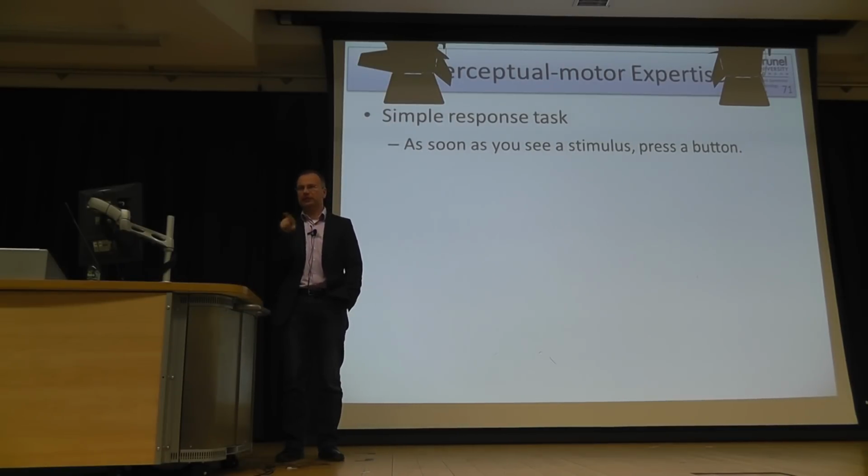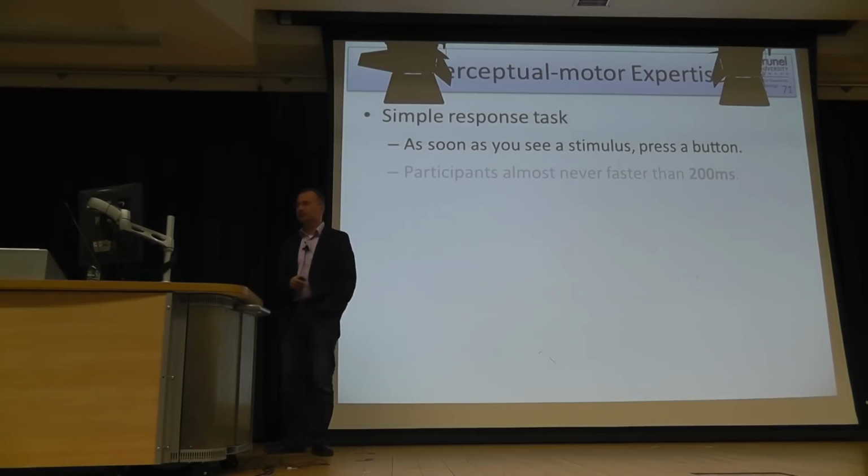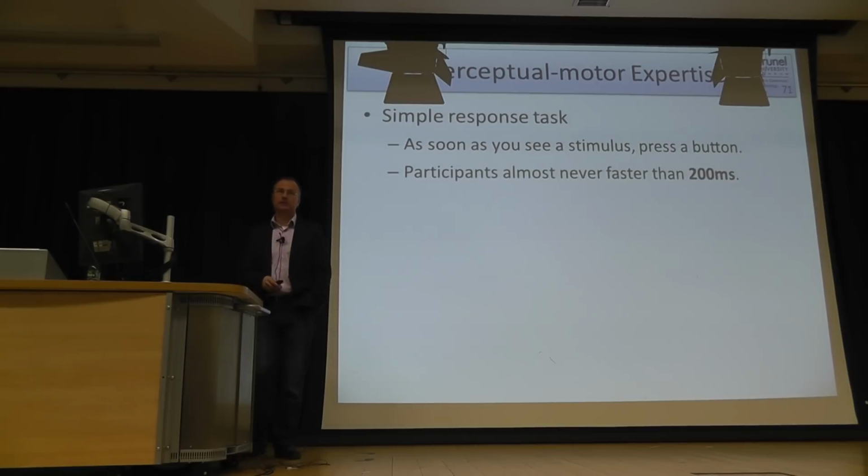No choice needed, nothing. Just as soon as there is something, press a button as quickly as you can. What you will find is that participants almost never are faster than 200 milliseconds. That's usually the time you need from picking up the stimulus to making the motor response.